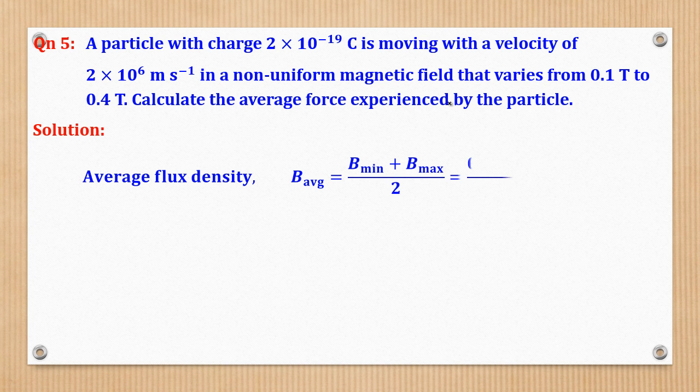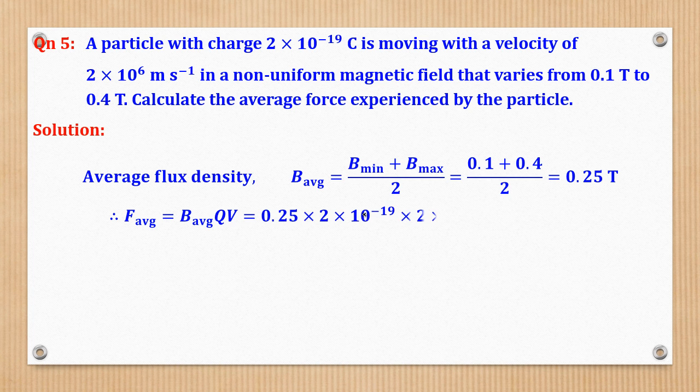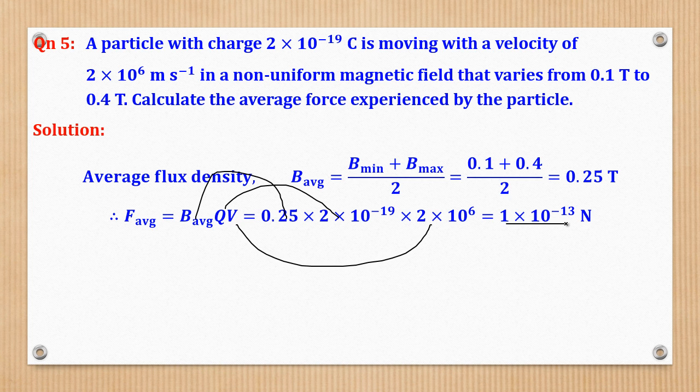First of all, we need to get the average flux density by summing the minimum plus the maximum over 2. Minimum is here, maximum is here, divide by 2, and you get the average flux density. It is that average flux density which you use to get the average force. So B average times charge times the velocity gives you the average force.